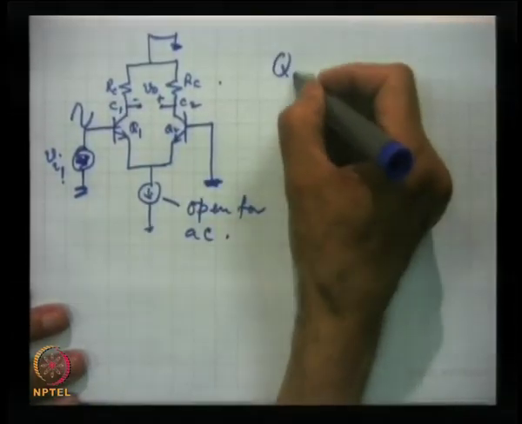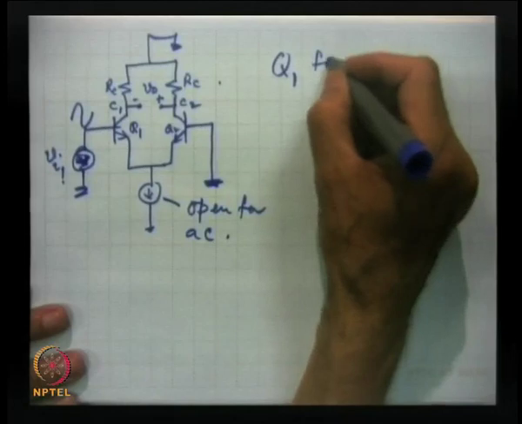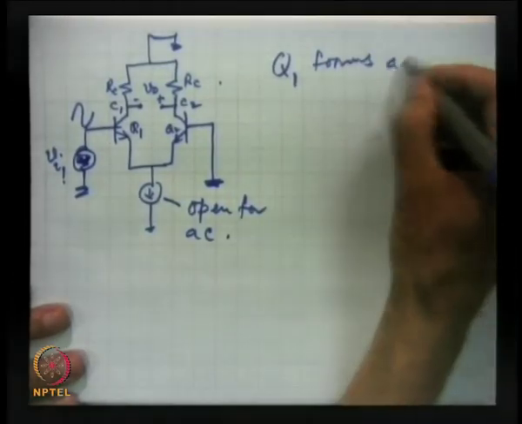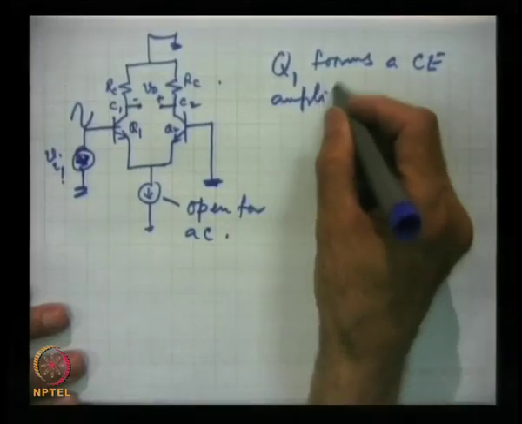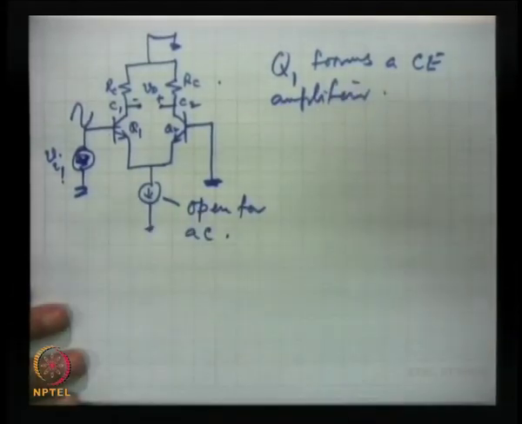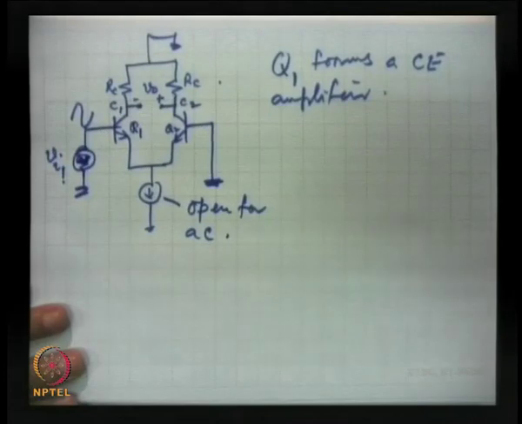Q1, this has been said earlier, forms a common emitter CE amplifier, and a common emitter amplifier shows the output inverted with respect to the input.